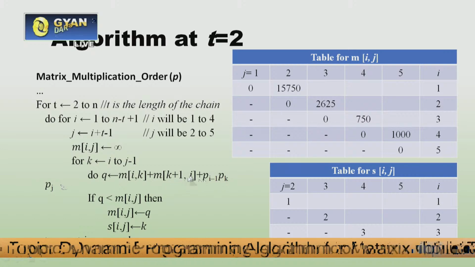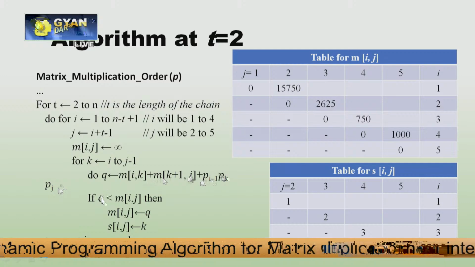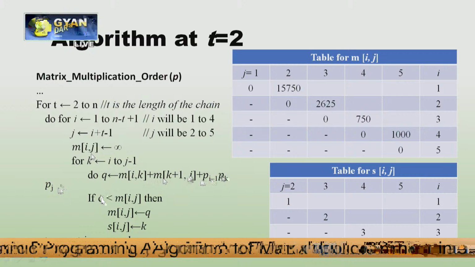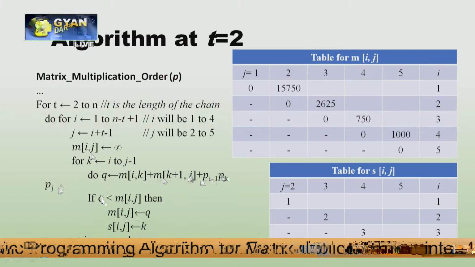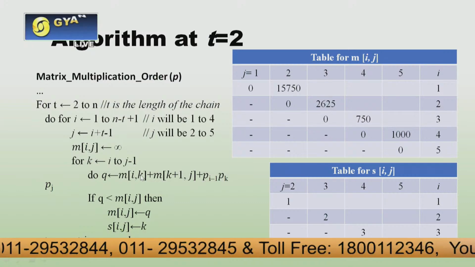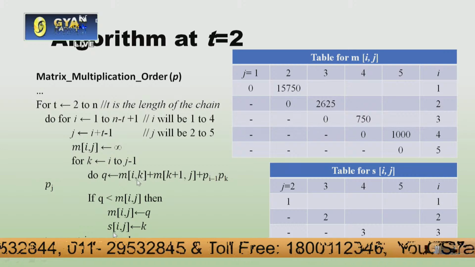So this is the multiplication which is going to determine the cost. Now, if this cost is less than m i j, which initially has been infinite, then we will replace m i comma j with the q and s i comma j with the value of k which has been used. Okay, and then finally we return these matrices.